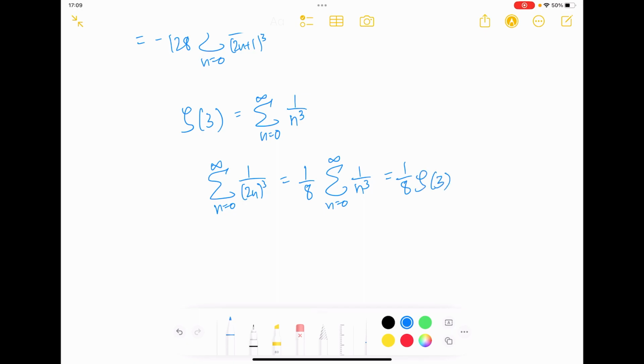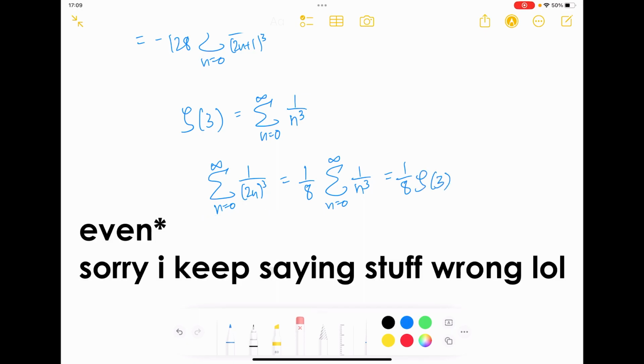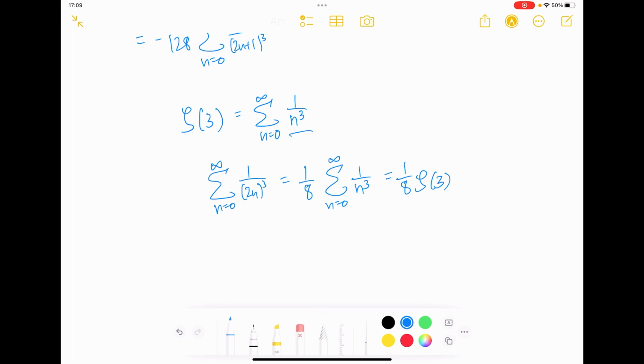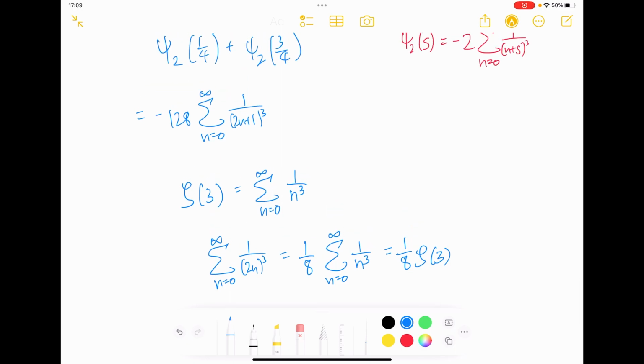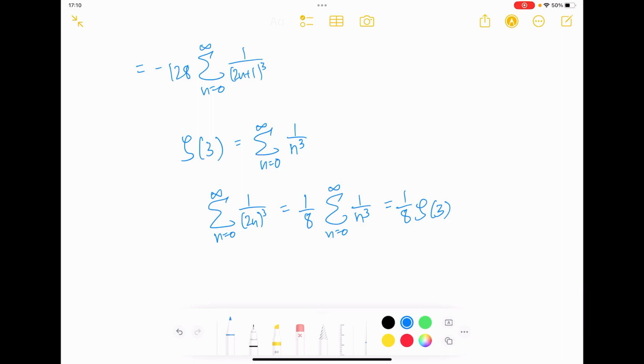These are the even numbers, I keep saying they're odd. All the numbers minus the even numbers gives us the odd numbers, so that's going to get us 1 minus an eighth, which is 7/8 of zeta 3.